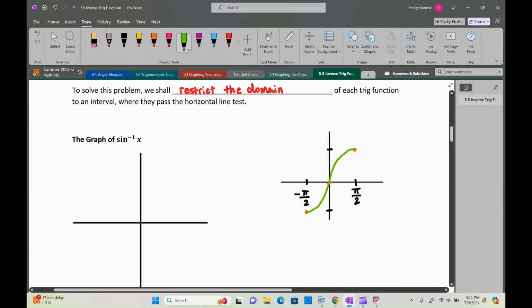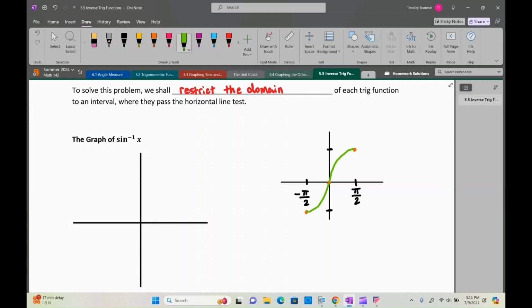So this is the part of the sine function we're going to be working with. And you can see it does indeed pass the horizontal line test. What this is going to tell us, though, is that sine inverse is only going to be able to give us angles that are in between minus pi over 2 and pi over 2.